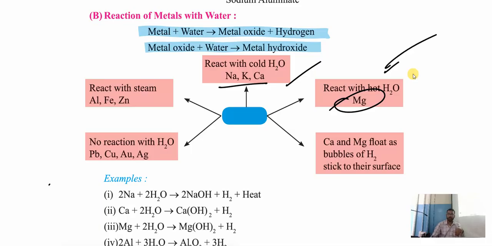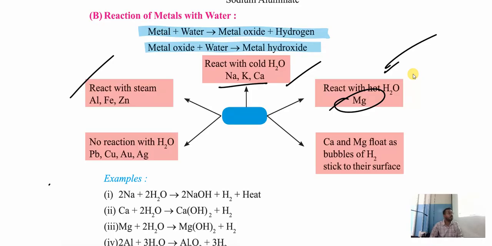Magnesium. React with cold water? Sodium, potassium, calcium. React with hot water? Magnesium. React with steam? Aluminum, iron, zinc. They do not react with water: lead, copper, gold, silver.